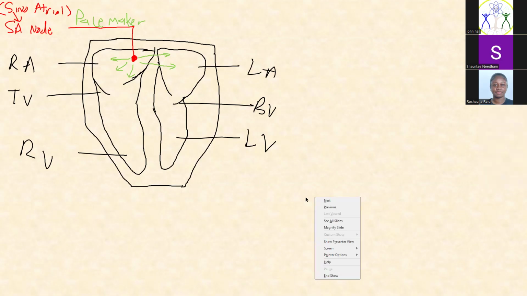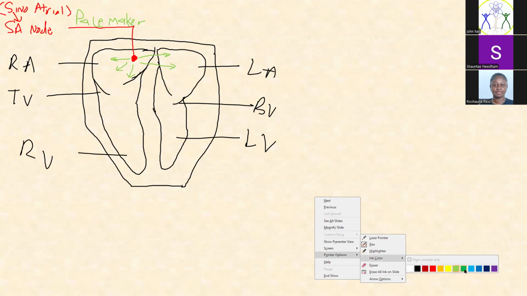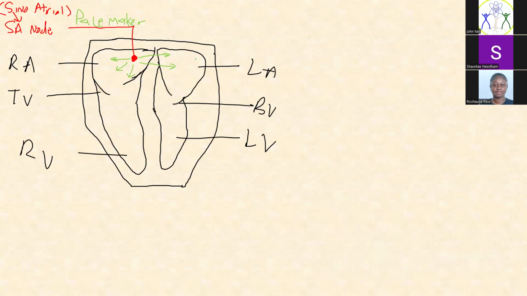Now, in the same right atrium, you have another bundle of cells. But this is lower down now in your atria. This little bundle of cells here, which of course is near the junction between the atria and the ventricle, is known as the AV node.